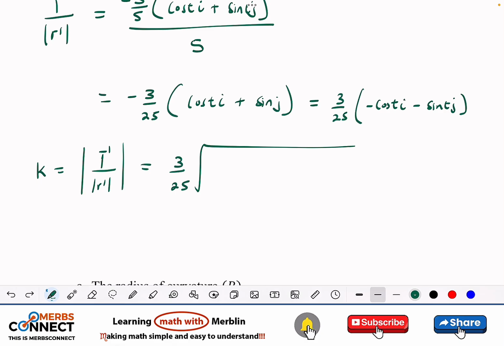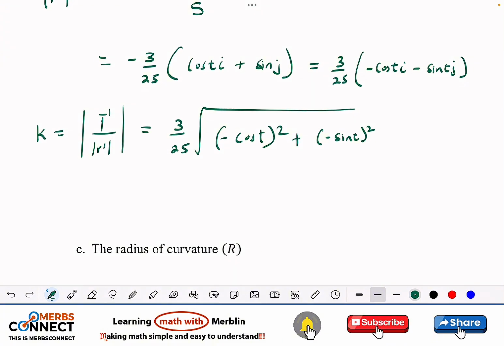So now let's look at this. This is going to be minus cos t squared plus minus sin t squared. And let's see the magic. So 3 divided by 25 times the square root of cos squared t plus sin squared t.